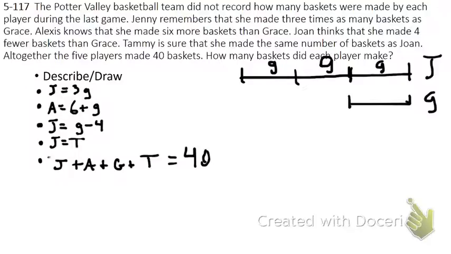So we've got Joan, we've got Grace. We know that Alexis was 6 more than Grace. So here we've got Alexis, and she's going to be 6 more than whatever Grace had. Joan was Grace minus 4.